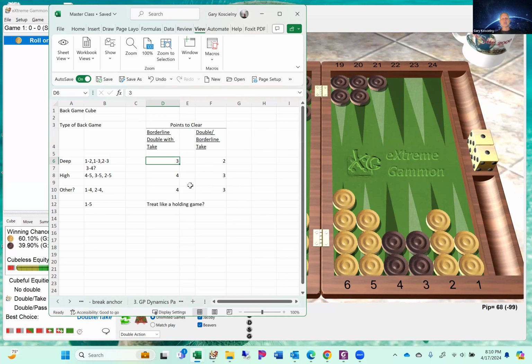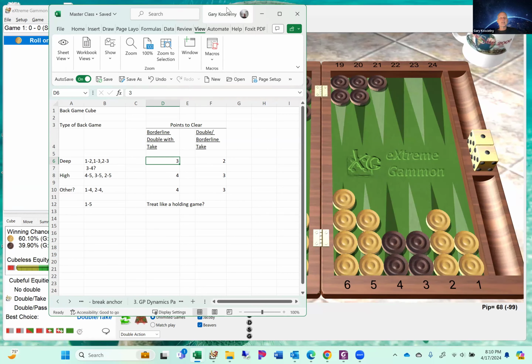And so generally you're going to have either 3 or 4 points to clear, and that's the point at which you double. That's a borderline double, and that's a take. And then if you have 2 or 3 points to clear, that's going to be the borderline take. That's the big double borderline take pass.